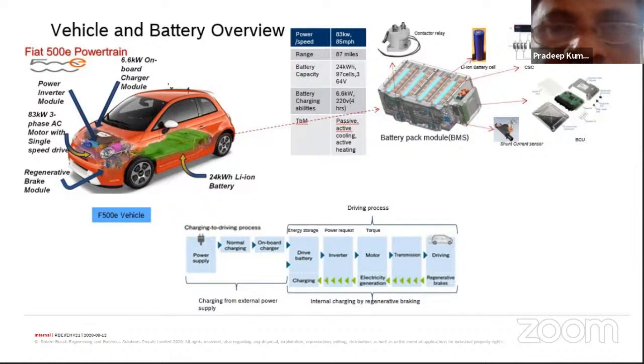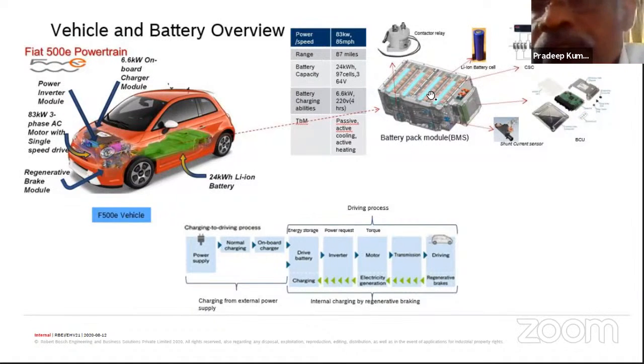The total voltage required is 364 volt, so the battery rating is 24 kilowatt hour, 364 volt. Since each cell gives 3.5 to 4 volt, 97 cells need to be connected in series to get that 364 volt, and you can see the cells are arranged here connected in series.